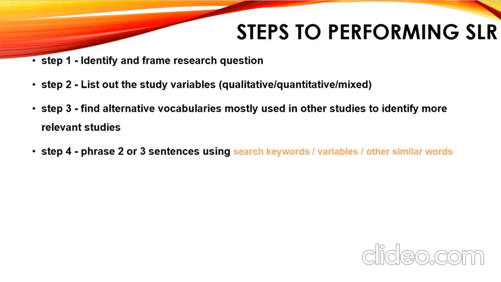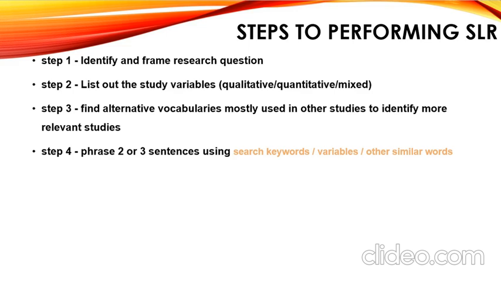Like that, they have mentioned it in various forms or vocabularies, or any other similar words which provide the same meaning for the study variable. So you should identify the similar terms used in studies.